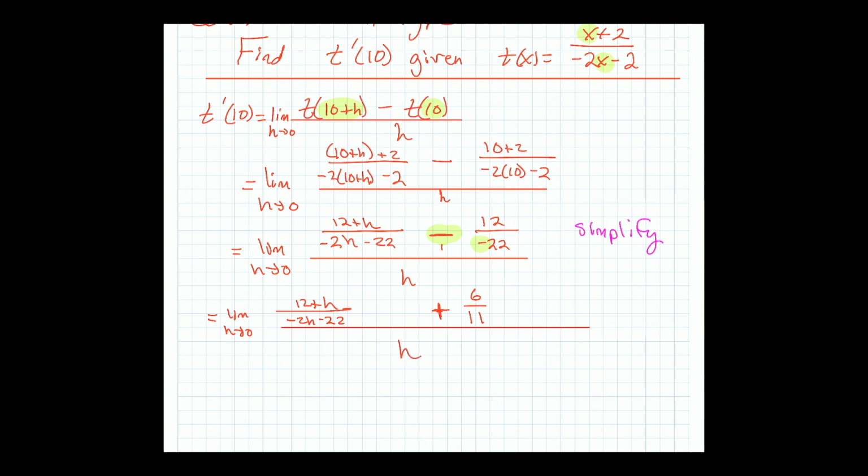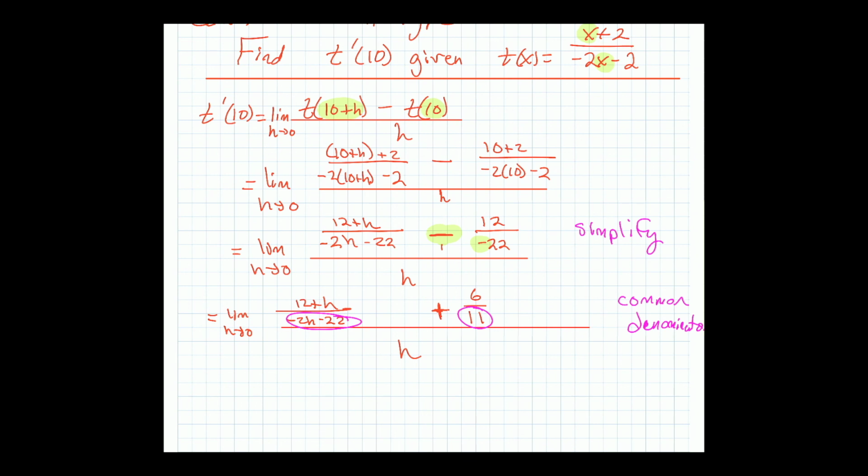And then over h. Now, what we need to do is get a common denominator, because we need to add those fractions. So basically your common denominator is just going to be this 11 times this negative 2h minus 22, right?